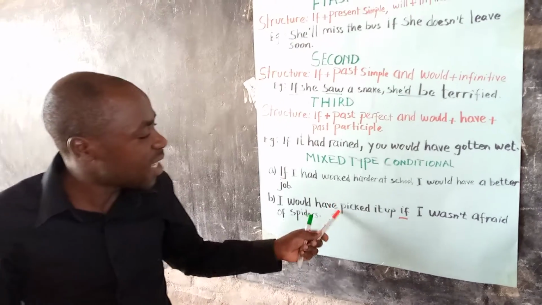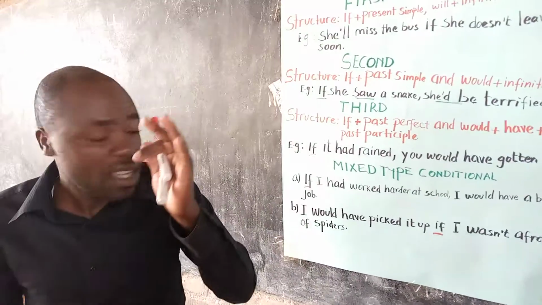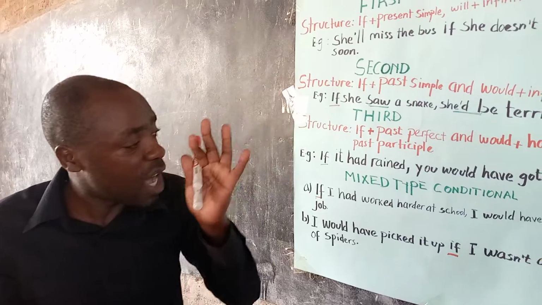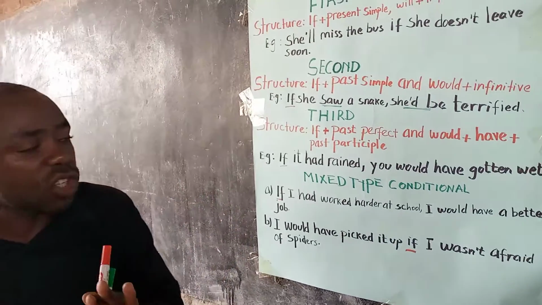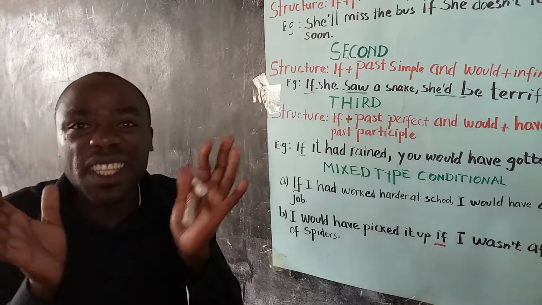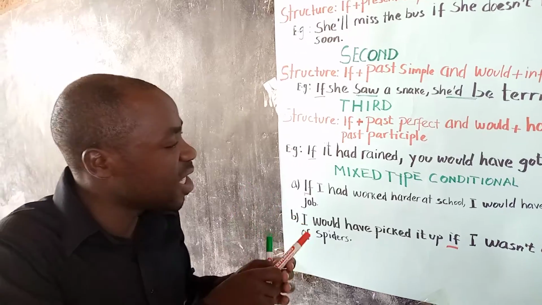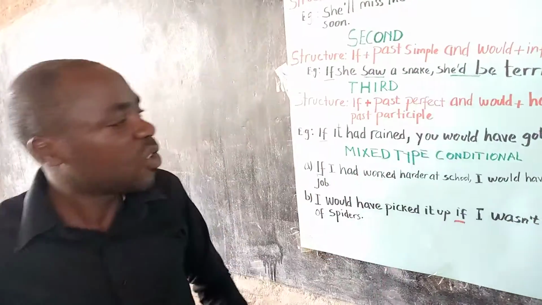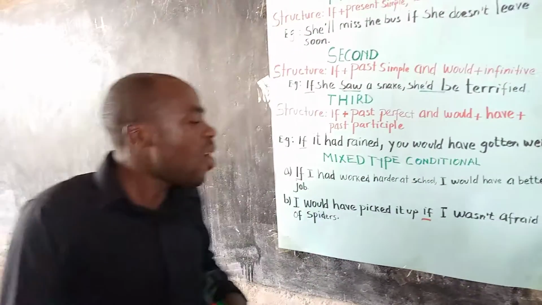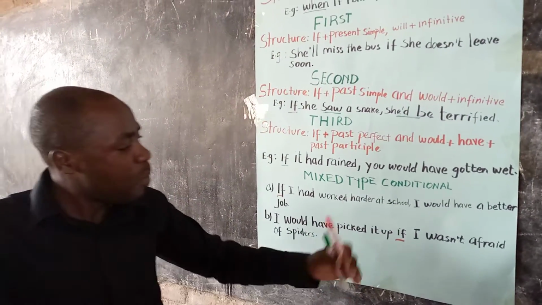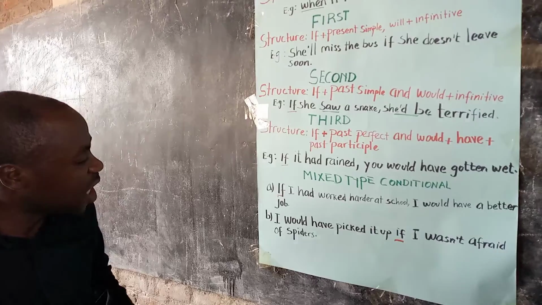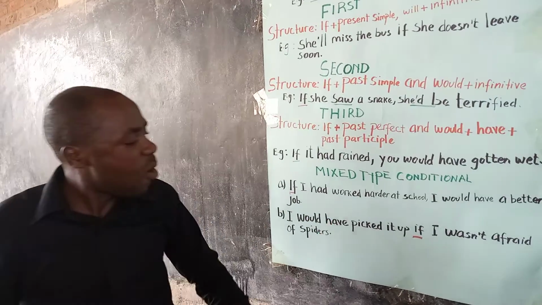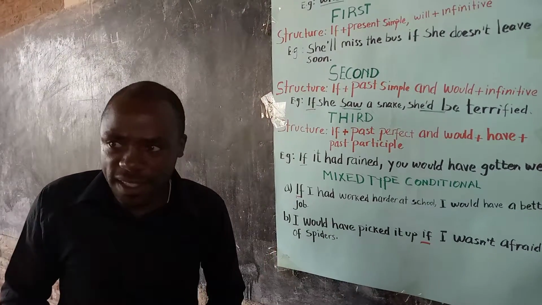So this means that here at this fifth type of conditional sentence, we have mixture. It may change from past perfect to conditional, or it may be past that will change to conditional perfect tense.